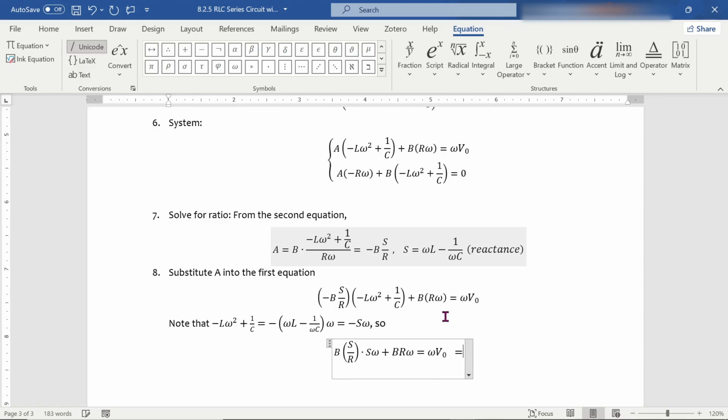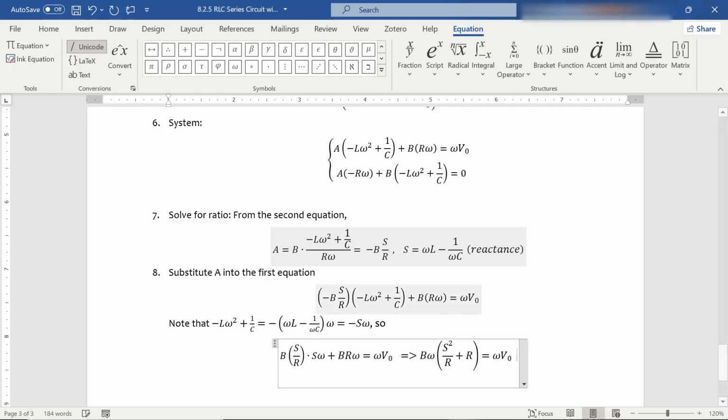And this actually implies that B omega times S squared over R plus R equals omega V naught. Anyway, we are just playing with the equation right here. So this is quite straightforward.